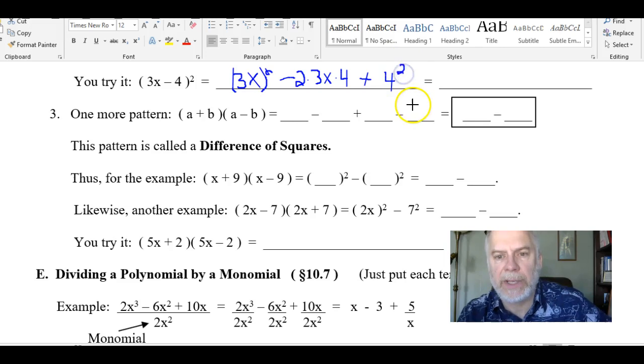I just want to write what you got. Okay, so now you can square 3x and you get 9x squared. And then if you multiply 2 times 3 times 4, you get 24. So this would be negative 24x.